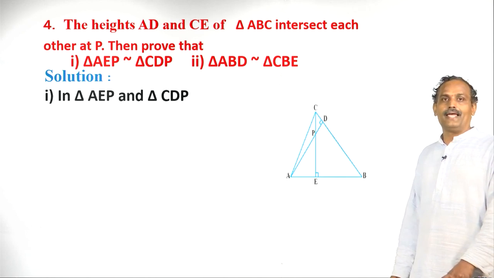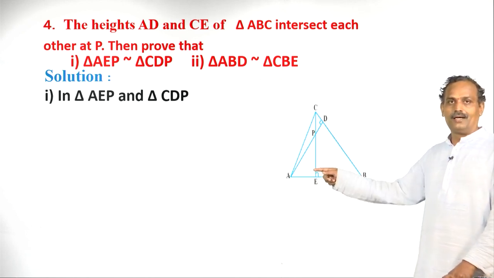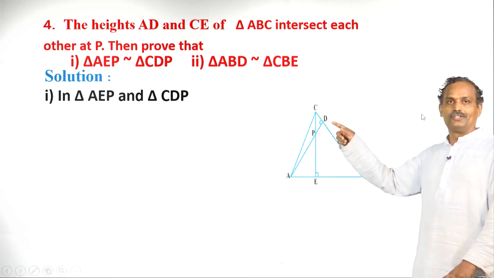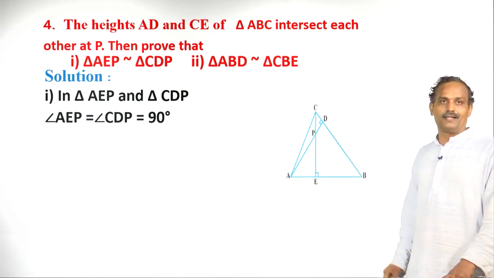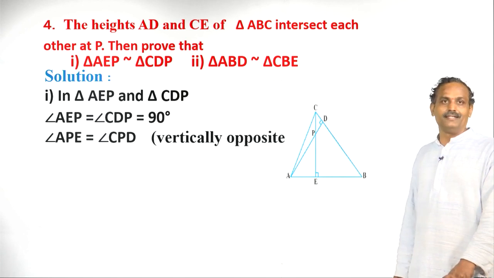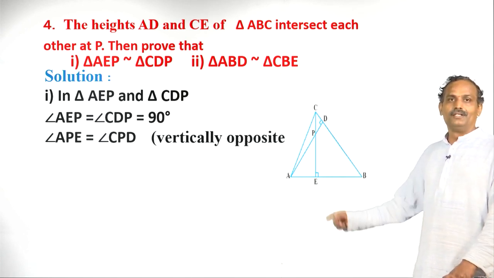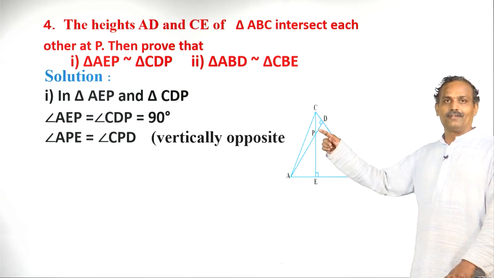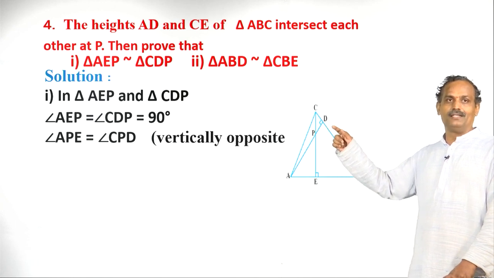In this triangle AEP and in CDP, let us consider these two triangles. In these two triangles we can easily find that this angle E is equal to this angle D. They are perpendicular angles, so they are 90 degrees, and we can even find the vertically opposite angles: angle APE is equal to angle CPD.